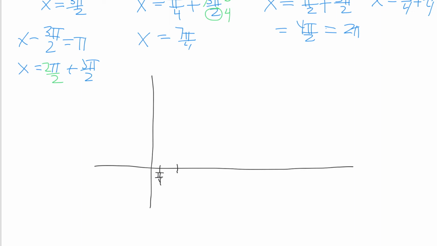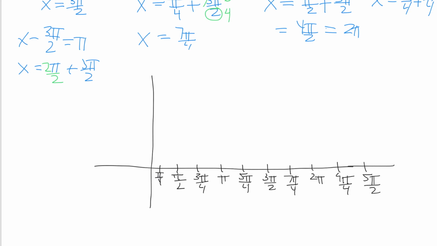So 1 pi over 4, 2 pi over 4 is the same as pi over 2, 3 pi over 4, 4 pi over 4 is the same thing as pi, then 5 pi over 4, 6 pi over 4 is the same as 3 pi over 2, 7 pi over 4, 8 pi over 4 is the same as 2 pi, 9 pi over 4, and 10 pi over 4 is the same as 5 pi over 2, once you simplify those down.